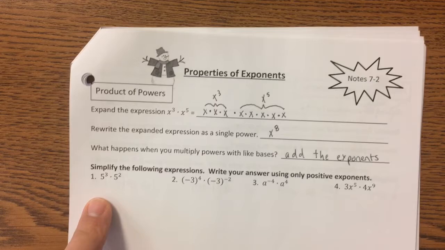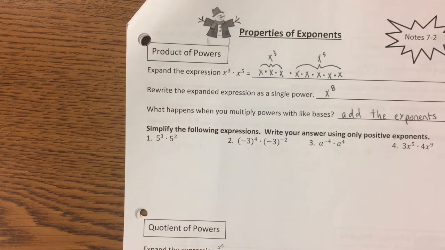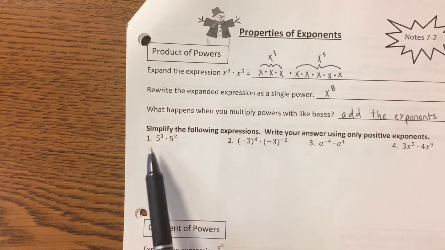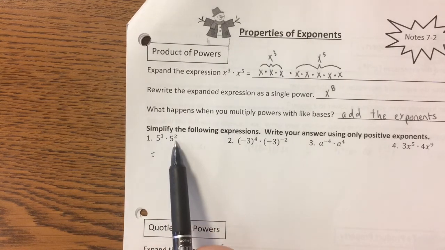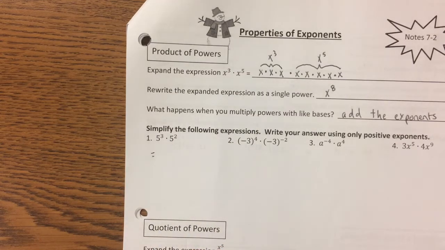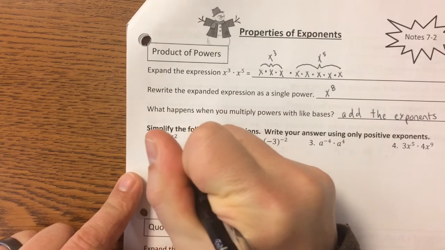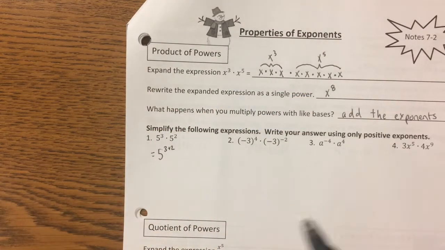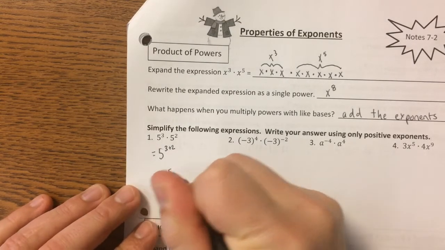One way to think about this is that we're multiplying 3 fives and 2 fives. So how many total 5s are we multiplying? 5, right? So this would be 5 to the power of 3 plus 2. There's 3 5s and then an extra 2 5s. So that would be 5 to the fifth.